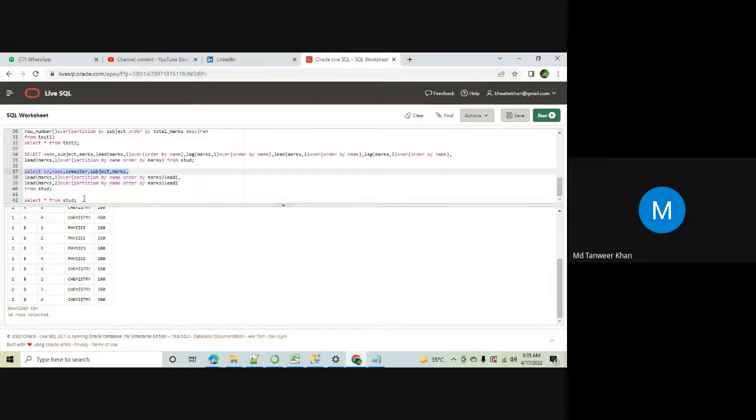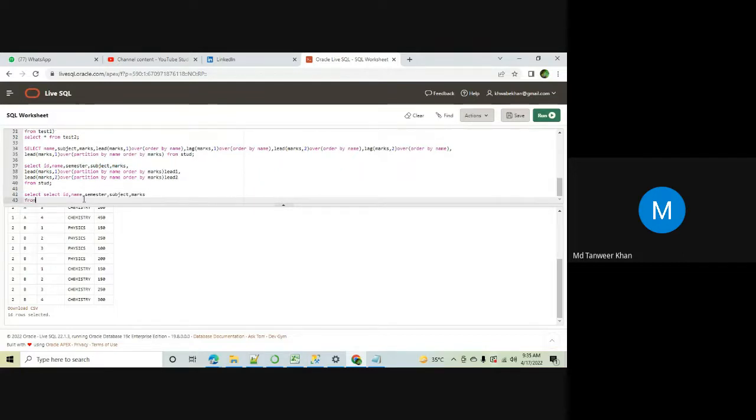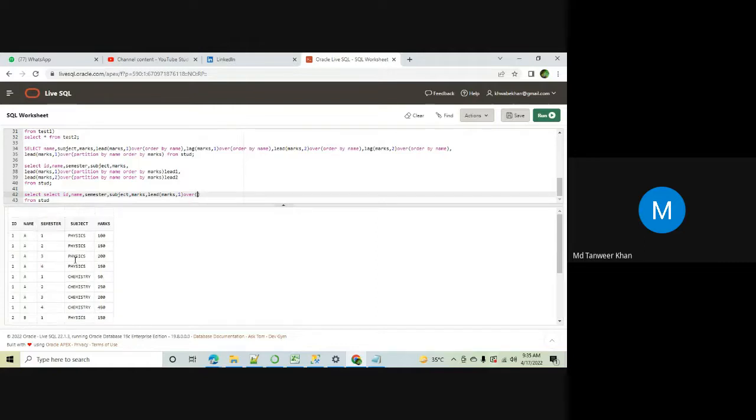Always in SQL, first of all, make some analysis manually, that okay, how can I do this. So here I want to lead the marks by one position, right? Now tell me, based on which partition you want to shift. Partition by what you want to give here?